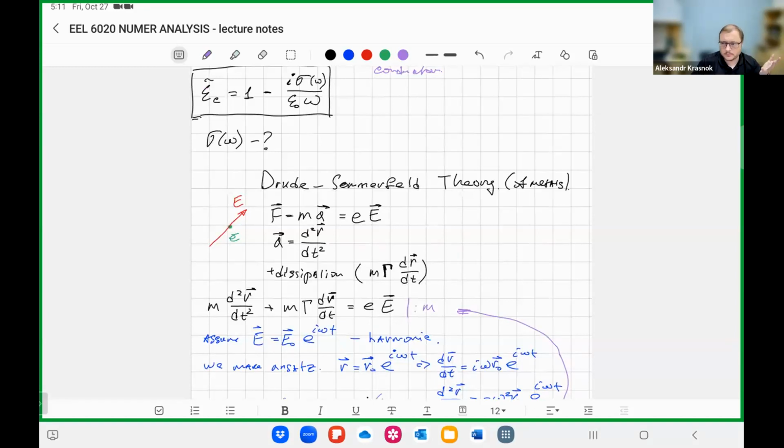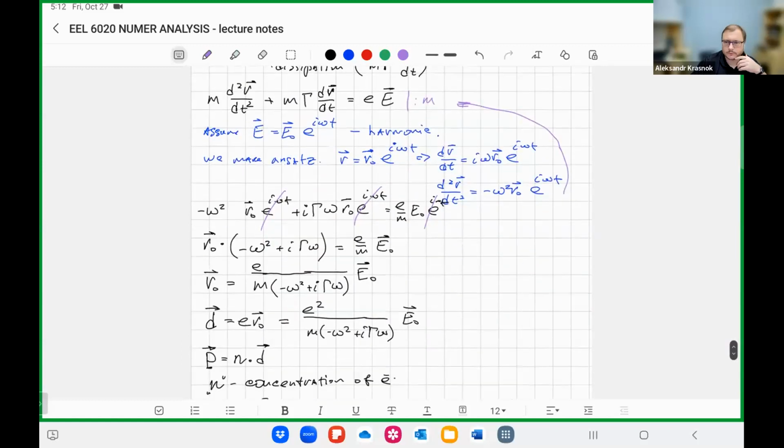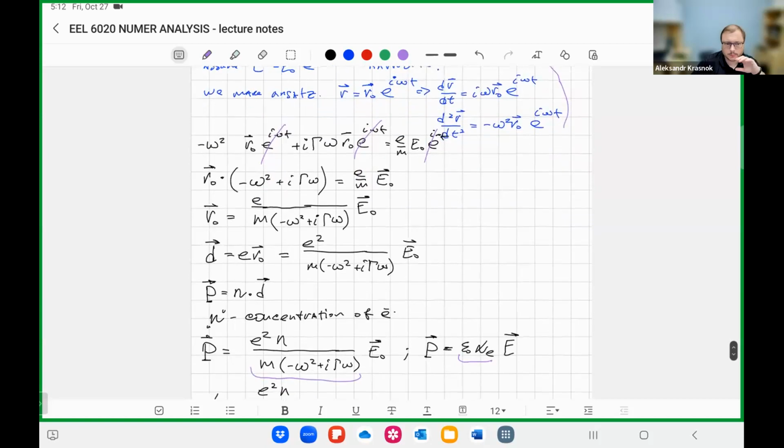There are different models to describe this value, and we considered the most widespread approach, the Drude-Sommerfeld theory, which is all based on Newtonian classical mechanics applied to the electron in a metal or in a plasma.